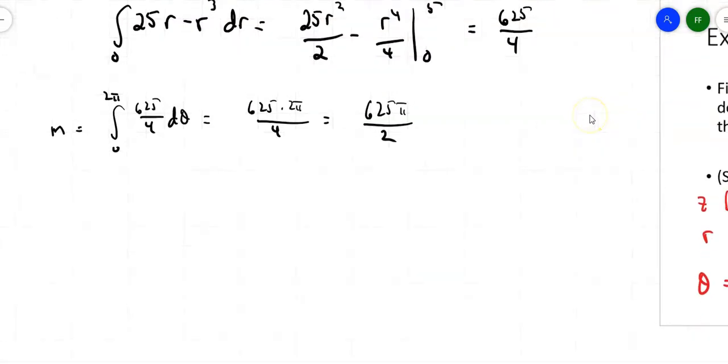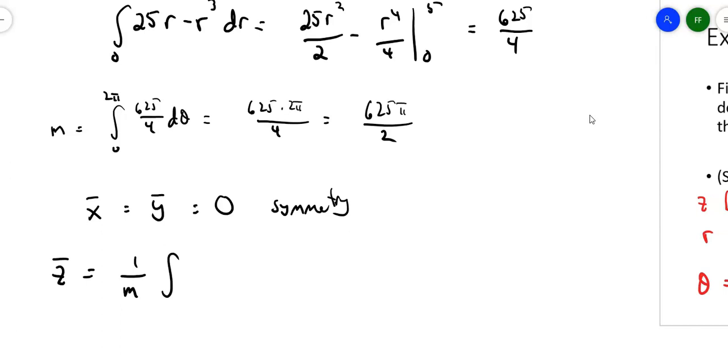And so if the center for the x and the center for the y are both 0 by symmetry, then the center for the z is just going to be 1 over the mass, triple integral of r z dz dr d theta. That z comes from the formula. Remember we said whichever center it was, you're going to end up with an extra variable from that variable? Well, that's where it comes in.